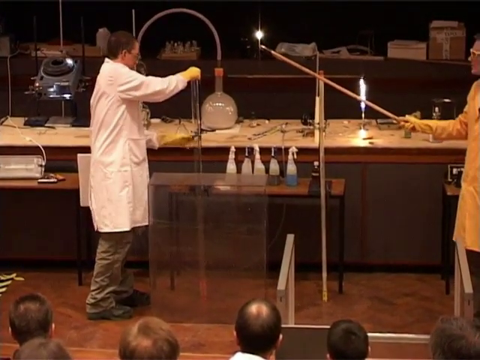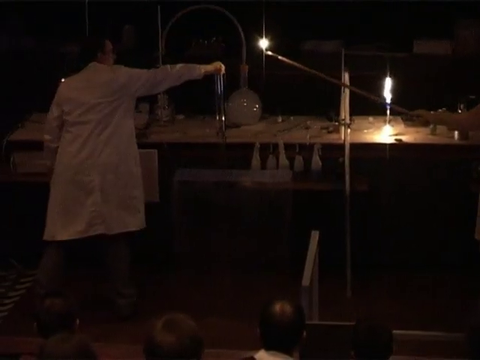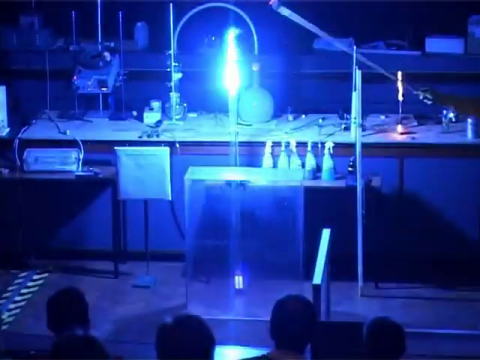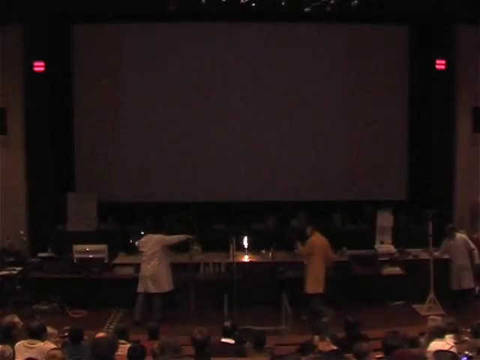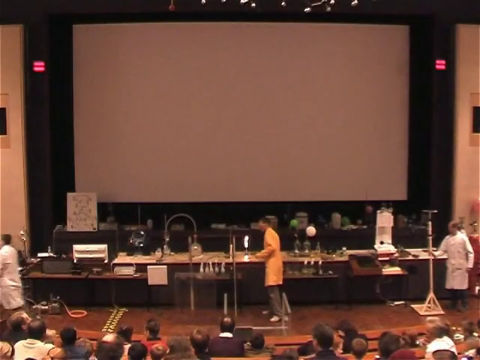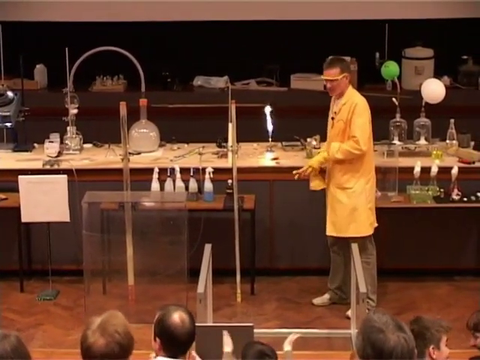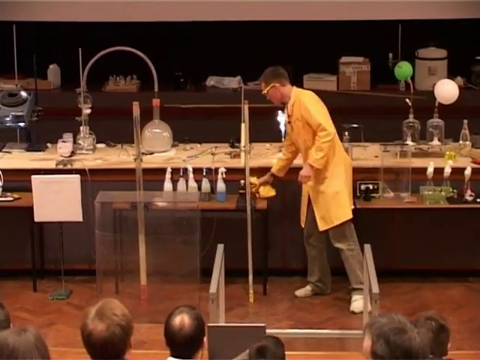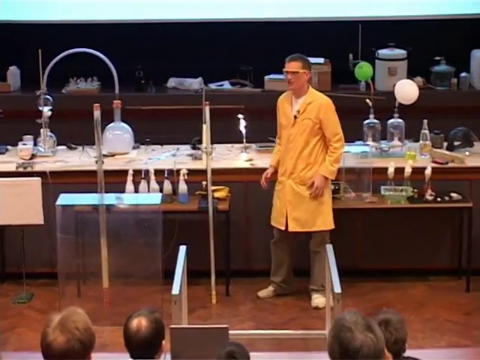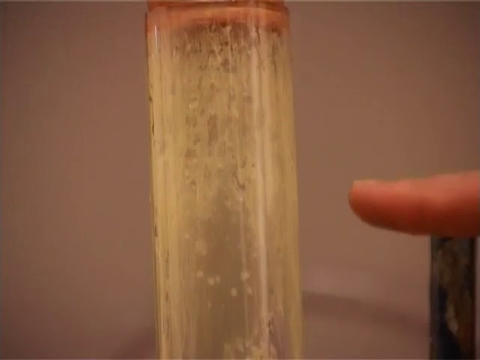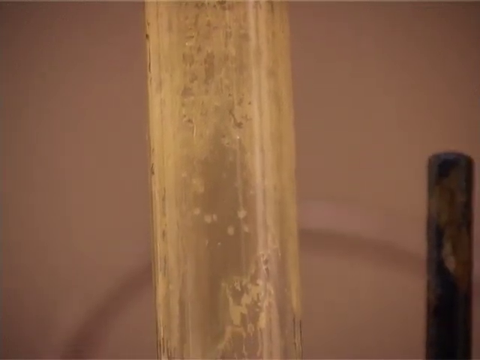If we have the lights down, please. Remember, the carbon disulfide contains sulfur, and the yellow colour that we see here is due to the sulfur that's been formed in this reaction.